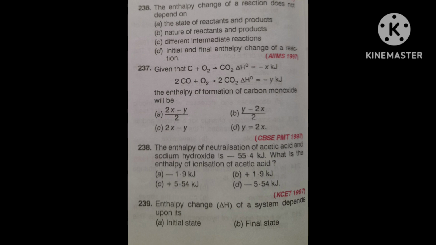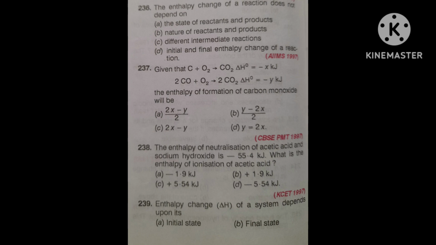Its correct answer is y minus 2x divided by 2. That is the correct answer. Why? Now I am telling you. C plus half O2 gives CO. In the question it is given C plus O2 gives CO2.